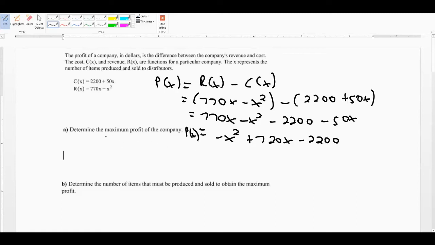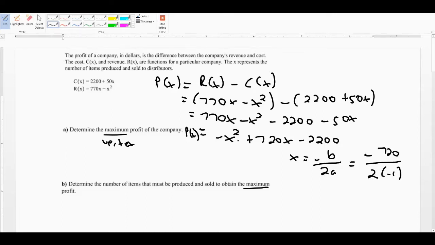Now, when you look at the word problem, it says determine maximum profit, and then the number of items that must be produced and sold to obtain maximum. Anytime you see maximum, that means vertex. So we're going to find the vertex. We're going to use the vertex formula, x equals negative b over 2a. B is 720. A is negative 1, because the number for the x squared, you don't see it.